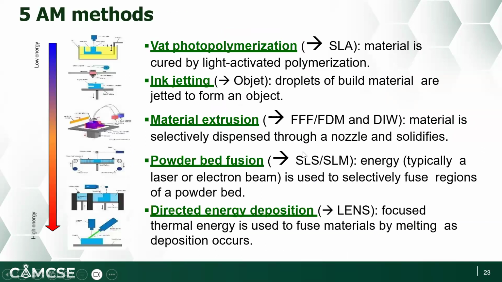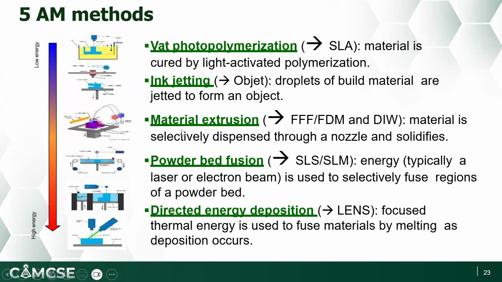So in general, there are 5 different additive manufacturing methods. These methods can be categorized into the wet photopolymerization process, which is also called the stereolithography process, as I just mentioned earlier. The second technology is called the inkjetting process. In this case, the ink droplets are deposited drop by drop to form a 3D object on the substrate.